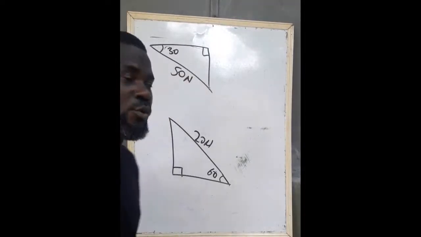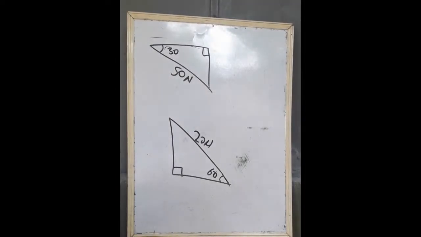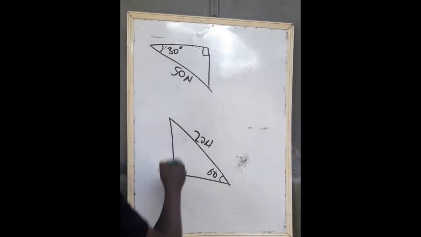Now here are two more scenarios for vectors acting in different planes. Now for these single vectors acting in this direction as shown on the board, you are still going to resolve them into vertical and horizontal components, but you must take cognizance of the direction using your SOHCAHTOA. Now this vector has this angle, 30 degrees.